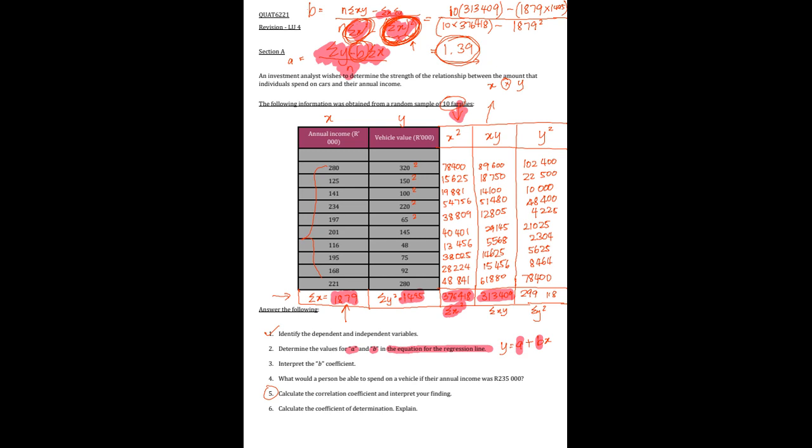Okay, so you have the sum of Y, which is here in the second column, and that's 1495 minus B, which we just calculated, goes in here now, so that's 1.39 times the sum of X in your formula. So here is the sum of X, and the sum of X is here at the bottom, the 1879.